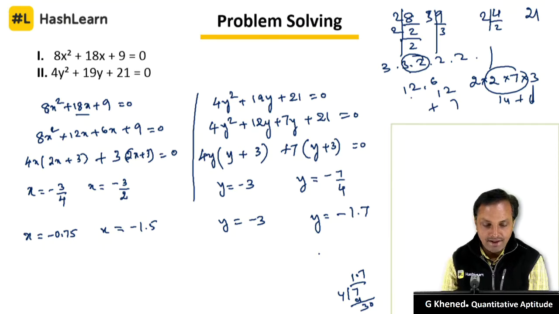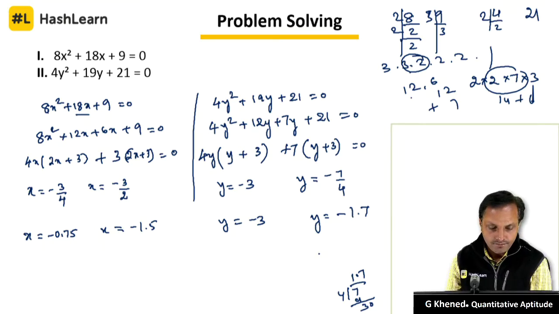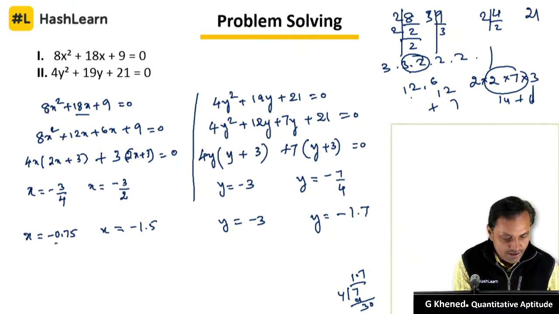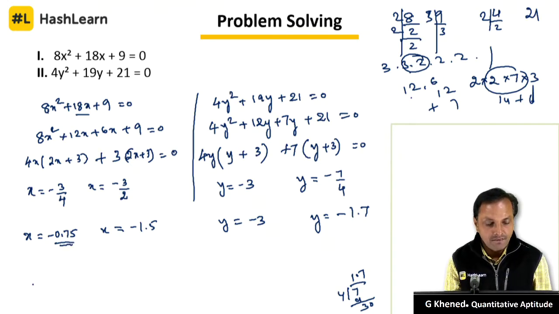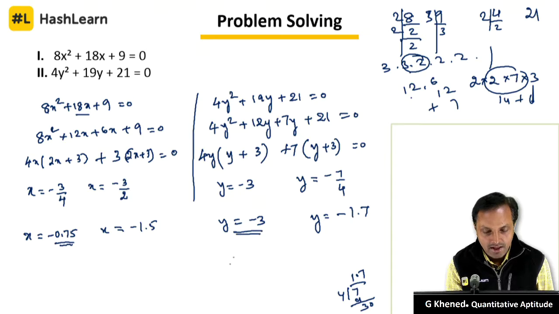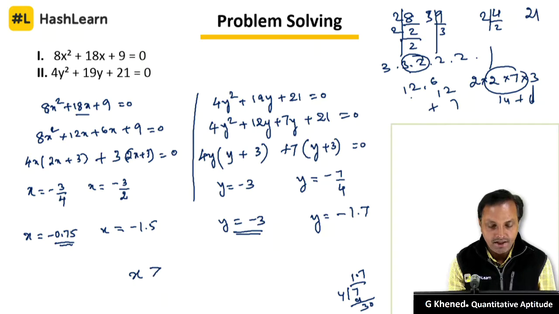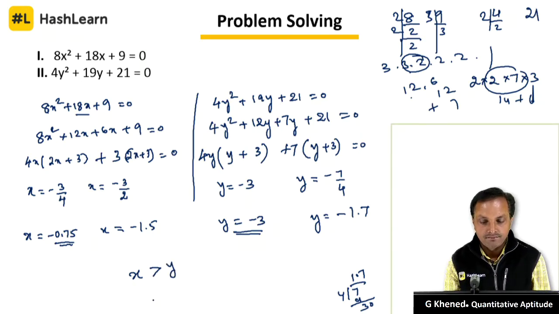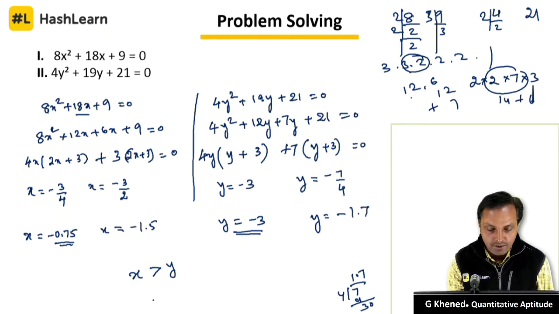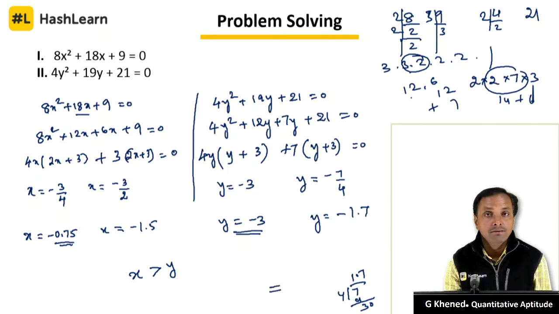So what you can decide here is minus 0.75 is bigger and minus 3 is smaller. So you know that x is bigger than y. The value of x is greater than y. Is there any value which is equal?